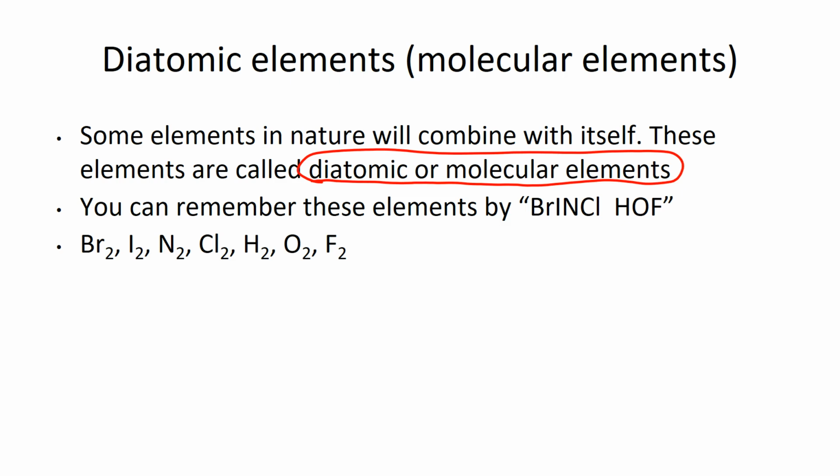So we're looking at the 7 elements that are diatomic. When they're by themselves in nature, they will always be written as a diatomic. So Br, bromine, is Br2. Iodine is always I2. Nitrogen is always N2. Chlorine is always Cl2. Hydrogen is H2. Oxygen is O2. And fluorine is F2.